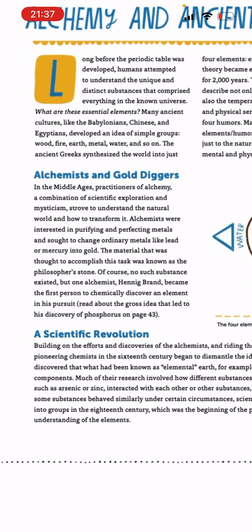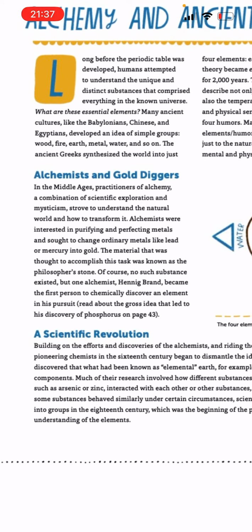Alchemists and gold diggers. In the Middle Ages, practitioners of alchemy, a combination of scientific exploration and mysticism, sought to understand the natural world and how to transform it. Alchemists were interested in purifying and perfecting metals and sought to change ordinary metals like lead or mercury into gold.